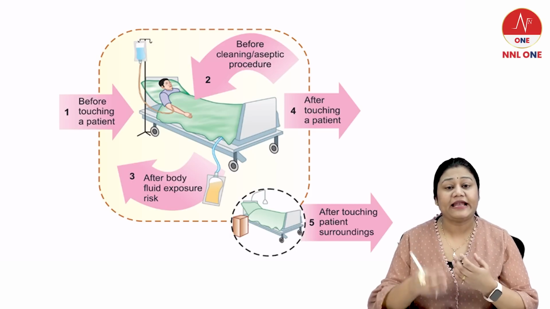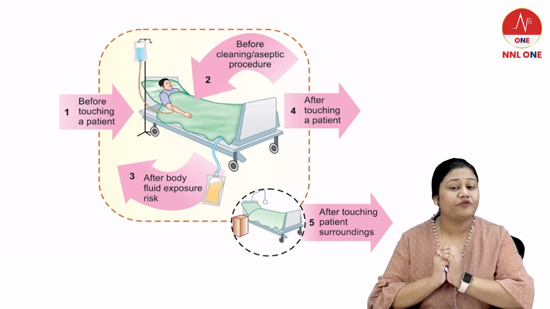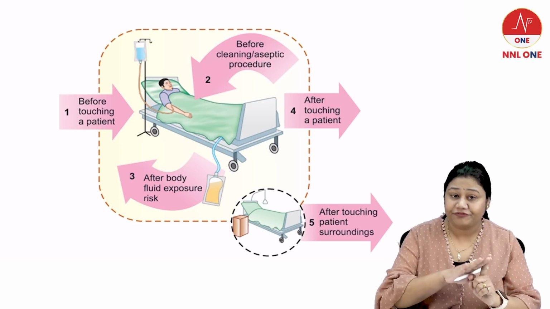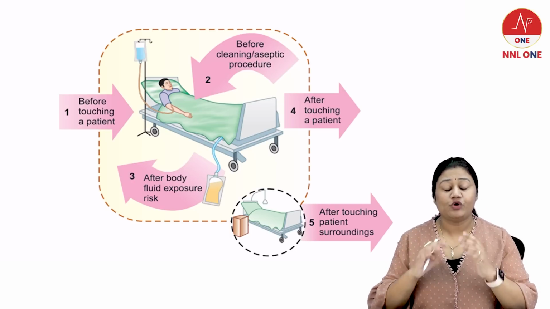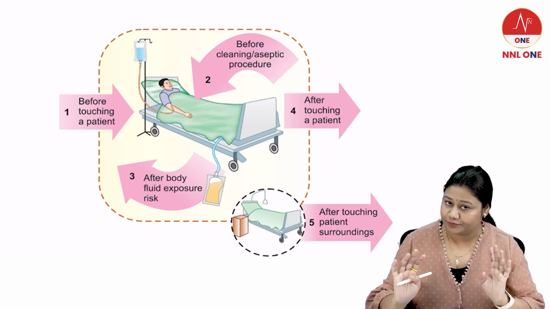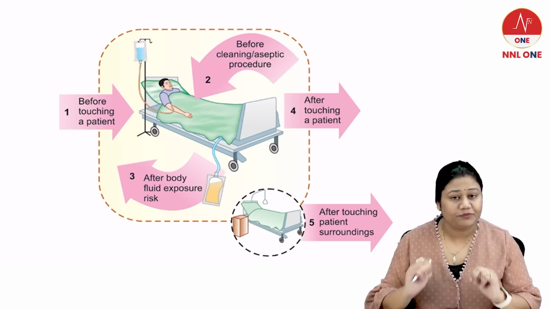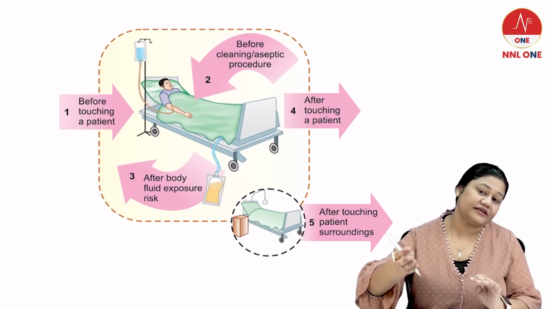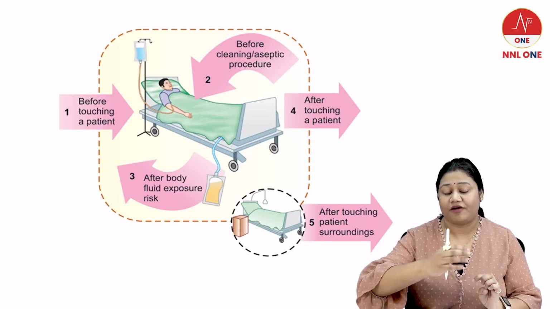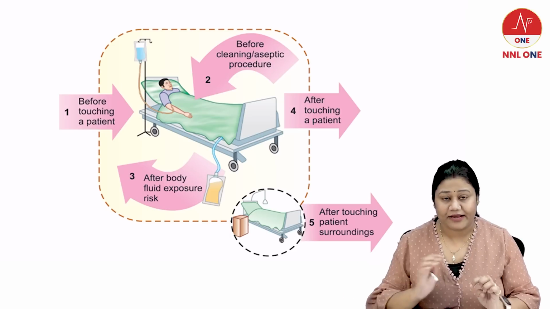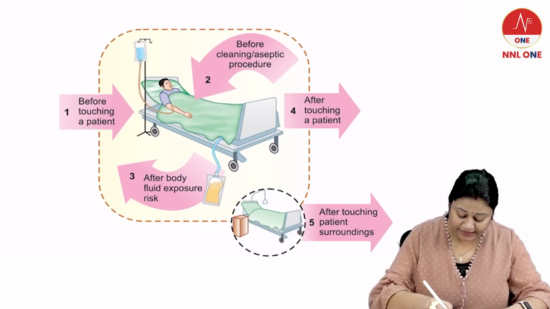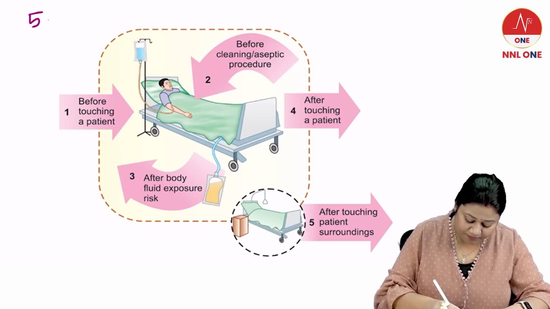Before performing any aseptic procedure, I have to perform hand hygiene. After exposure to any body fluid, after touching the patient, and the last is after touching the patient's surroundings. So these are the 5 moments of hand hygiene that we should remember in complete sequence.